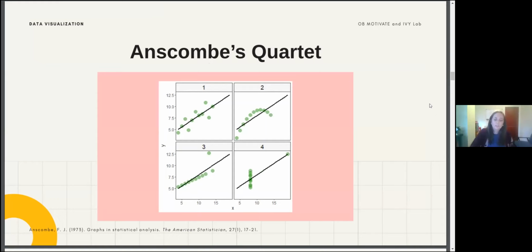So these 4 data sets are a part of a classic example called Anscombe's quartet. They were developed by Francis Anscombe back in the 70s to serve as a cautionary tale to not trust a mean. You always want to look at your data and see if there's anything quirky or unexpected going on in your data set.